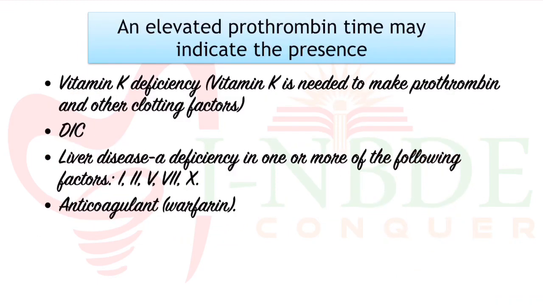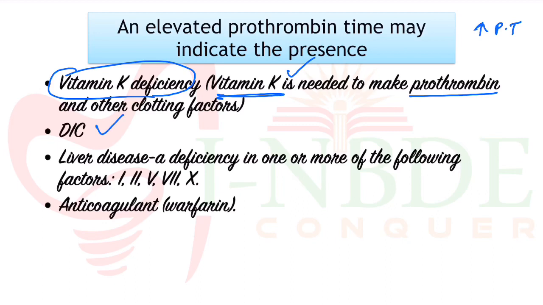Next, when is the prothrombin time going to increase? It increases in vitamin K deficiency, because vitamin K is necessary for the production of clotting factors and helps in the formation of prothrombin. That's the reason why, whenever there is a vitamin K deficiency, there will be an elevated PT value.